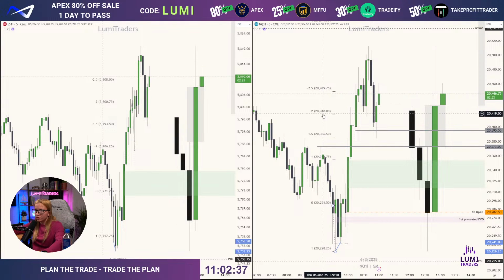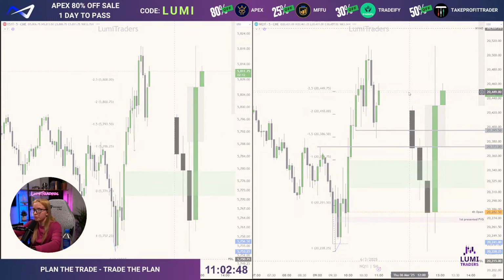By the way, from the range between 2 and 2.5, we entered the range between 1 and 1.5. Looks like it offered up as a 2-minute inversion right here.